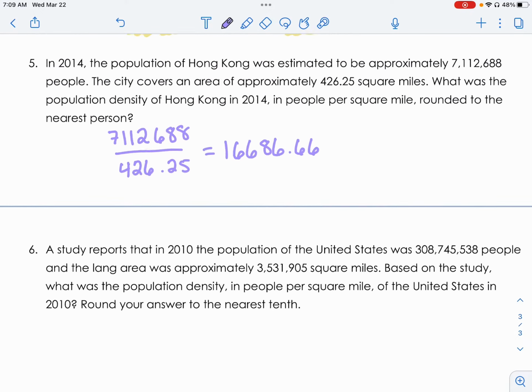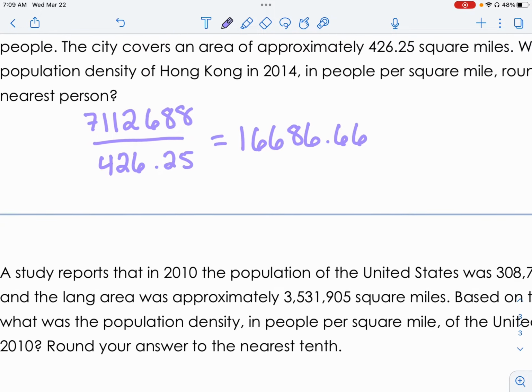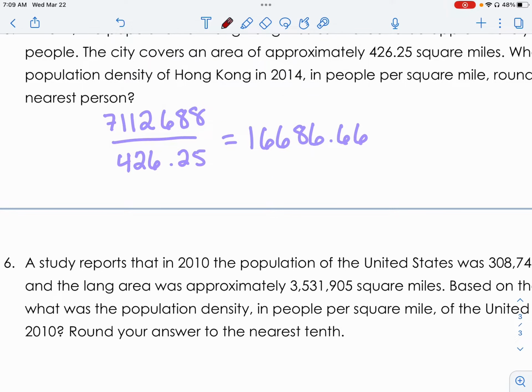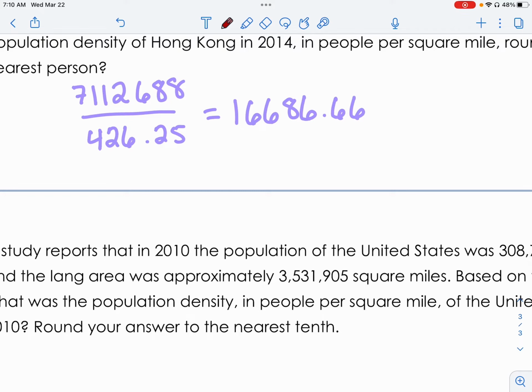16,686.66. Now, the problem says rounded to the nearest person. So, we cannot have 0.66 of a person. We also cannot just magically create a point whatever is left over. We can't just go out in space and say, oh, here's an arm and half of a leg, we're going to put it on this person.